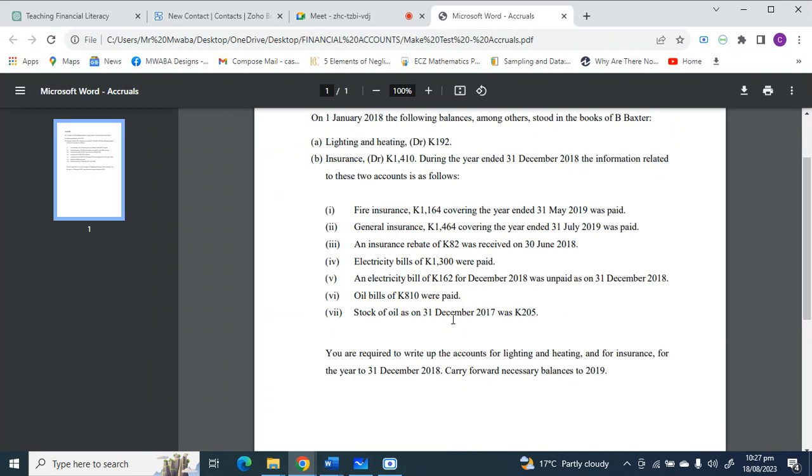Stock of oil on 31st December 2017 was 205. This is the closing inventory. This has nothing to do with these two accounts. This is your closing inventory, so nothing will happen with it. It will just remain there. It won't affect any of your accounts.